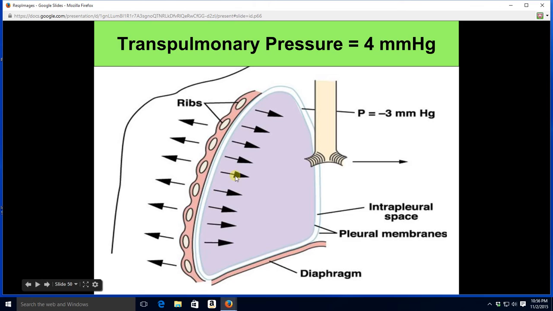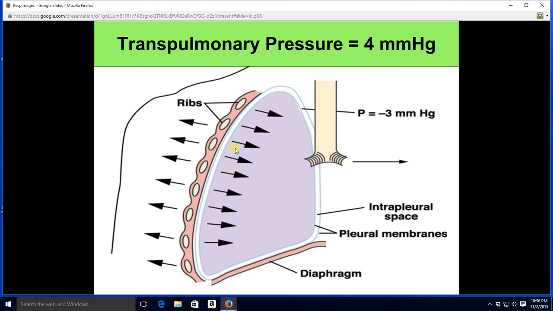So air is always trying to go from inside the lungs to inside the pleural cavity. Air can't do that, of course, because there's no hole between these two. But by trying to go there, the air molecules in your lungs push against the wall of the lungs, preventing their collapse.